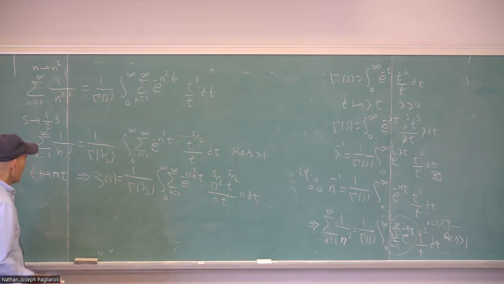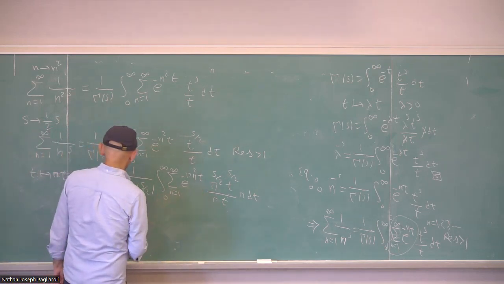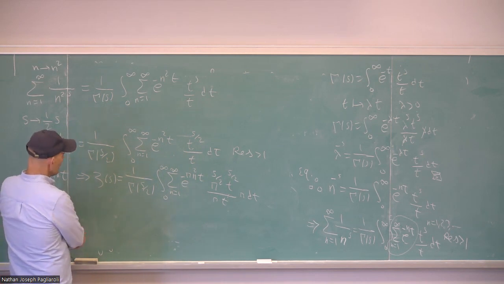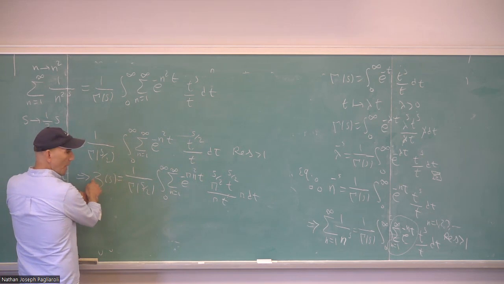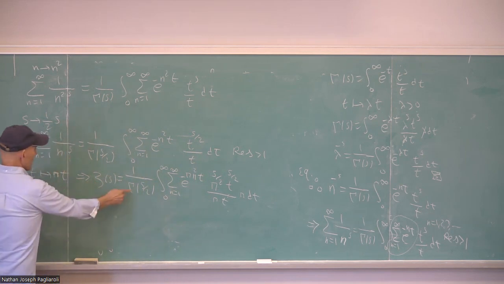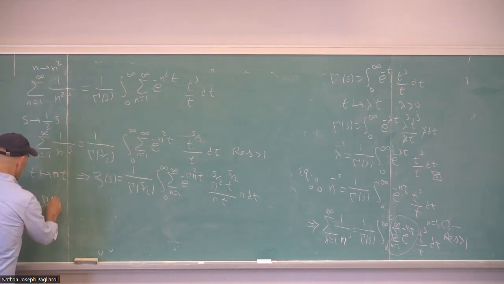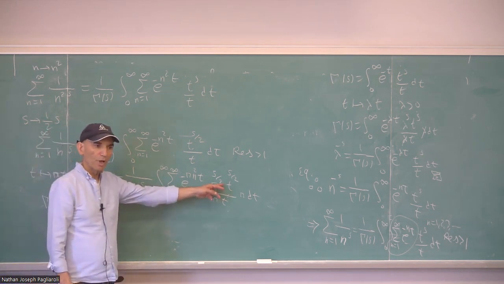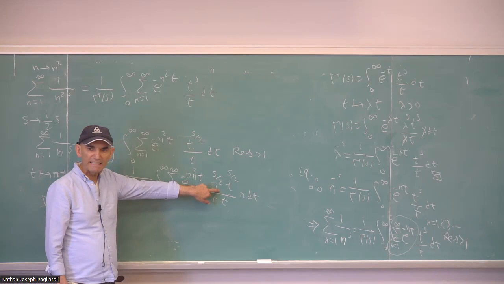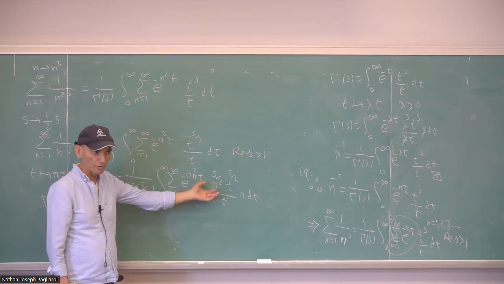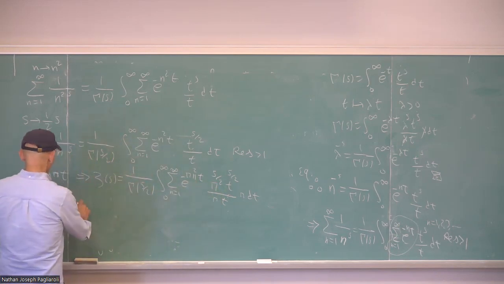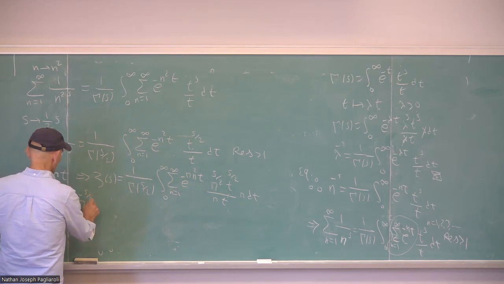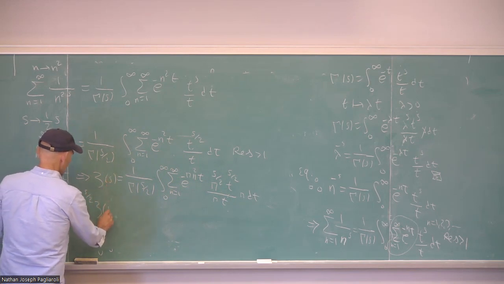Okay, so far we have got this. Now, let's see. What I will do, I will multiply on the left-hand side by gamma of s over 2. This pi I multiply by, because there's no t in pi to the s over 2. So I just bring it to the left-hand side: pi to the power minus s over 2, zeta of s.